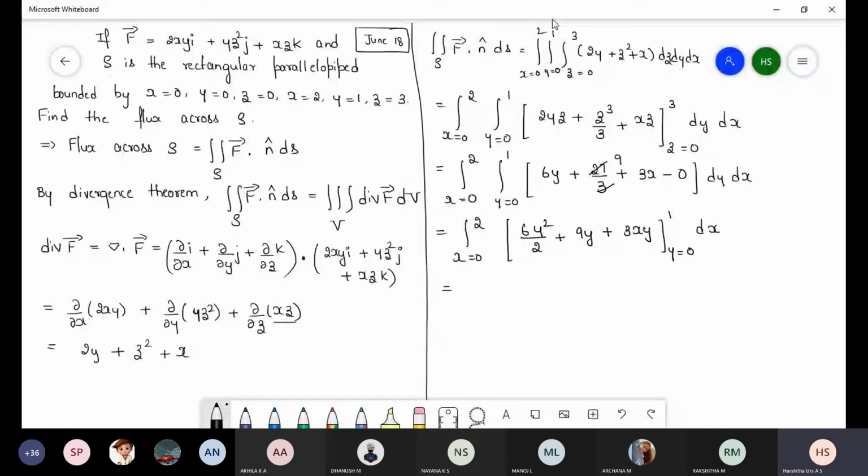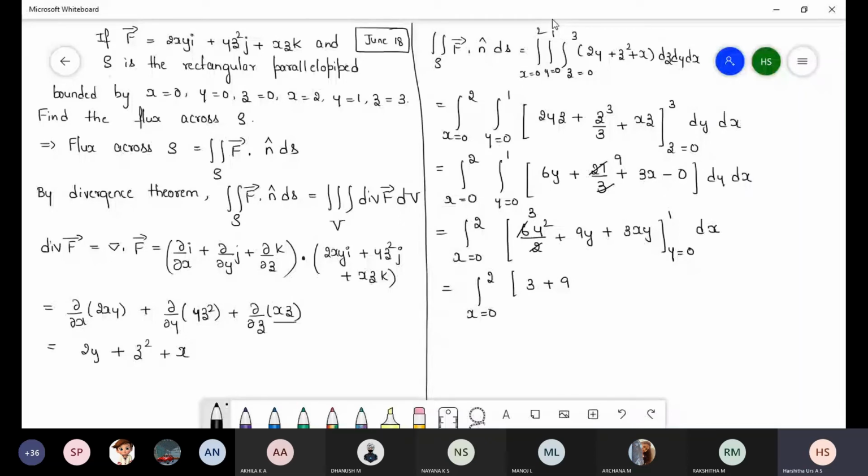Give the upper limit. Here I write the integral x is equal to 0 to 2 as it is. 2 1s are 2, 3s are 3. So 3y square means 1 upper limit, so 3 plus 9 plus 3x, lower limit is 0.